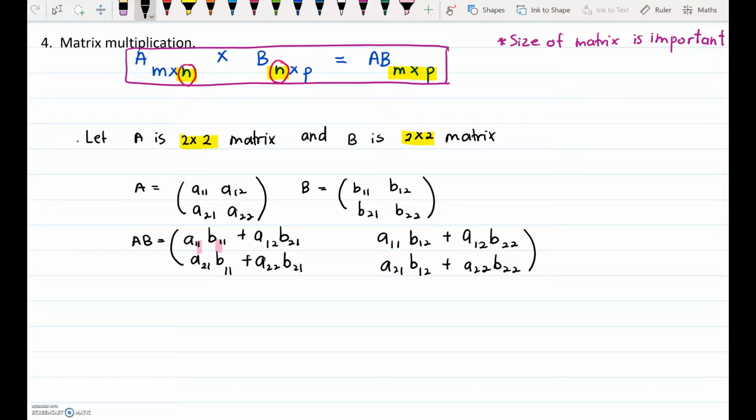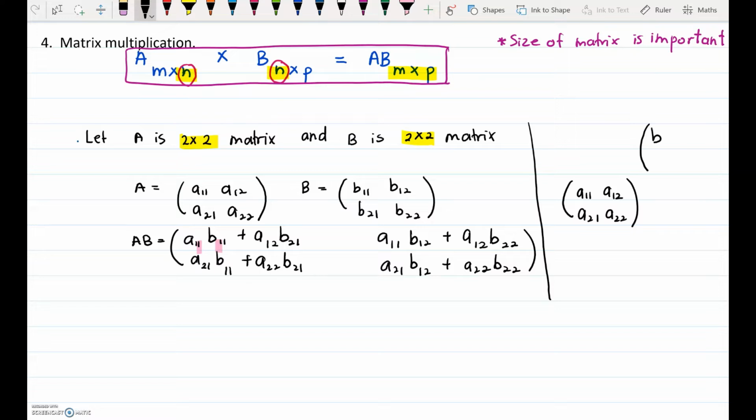Let's say the first one, matrix A, must be on the left side. So we have A11 and then A12, A21, A22. And then multiply with your B, matrix B will be on your right side.